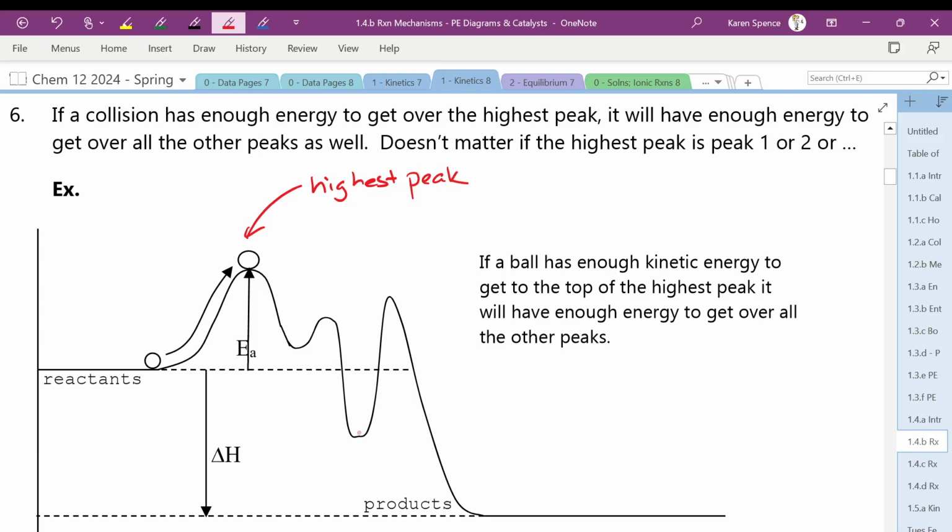And it doesn't even matter that this one dips down really far, because every time the ball goes downhill, what does it gain? It gains kinetic energy. So even if it goes really far down, it still gains kinetic energy, so it will have a lot of energy to make it over that last peak. Okay?